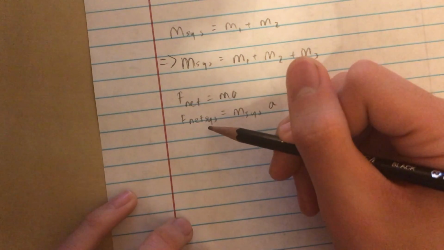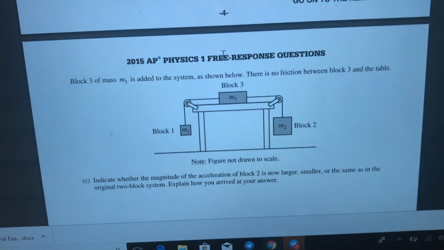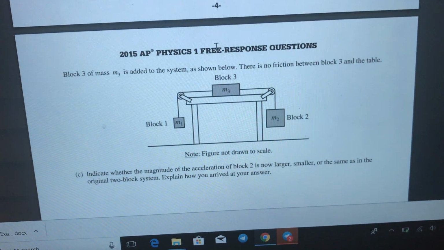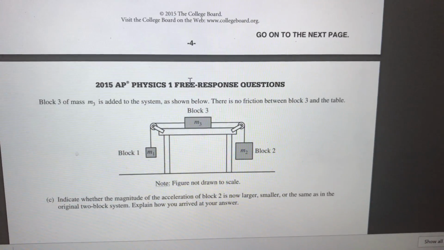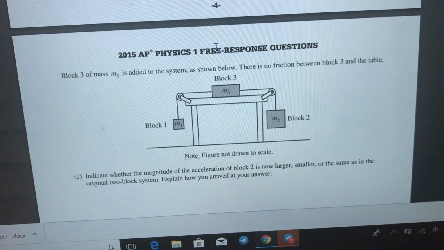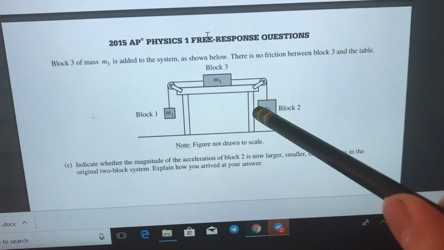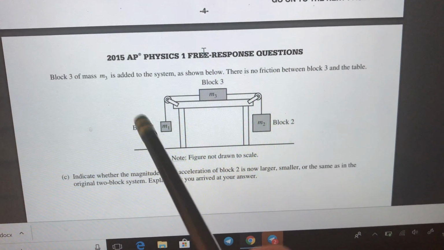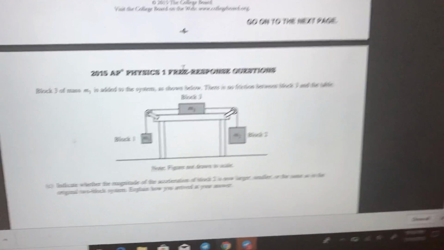And we know that the net force of the system stays the same because putting a mass in between the two blocks will not affect total net force, because the tension holding up this block and the tension holding up this block will still be the same even if there's a mass here, and the force of gravity will still be different, so it will still be the same as before, essentially.